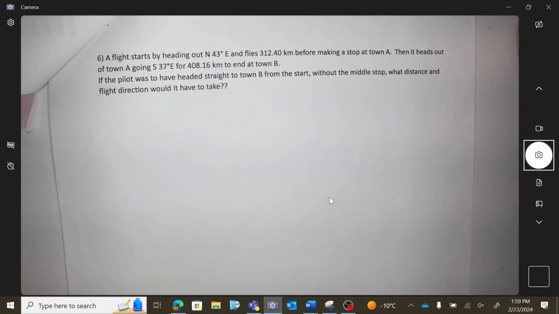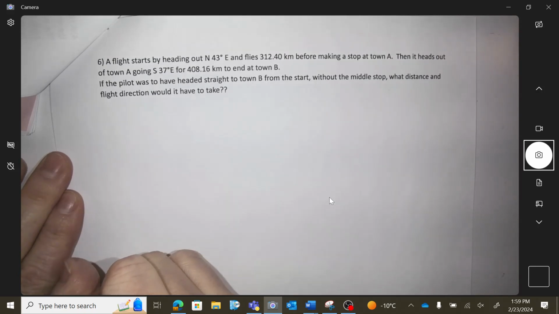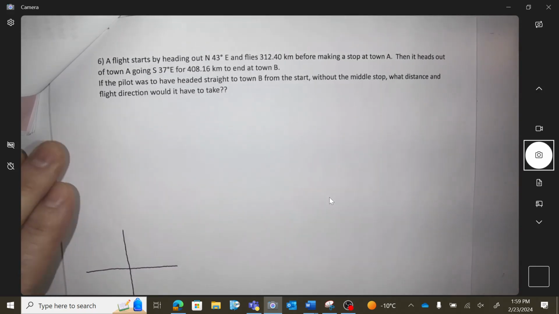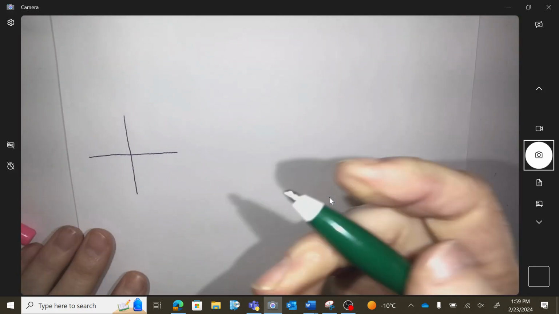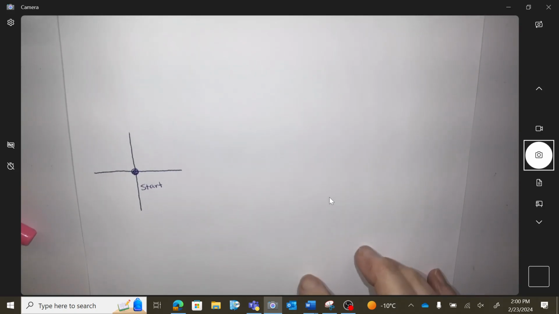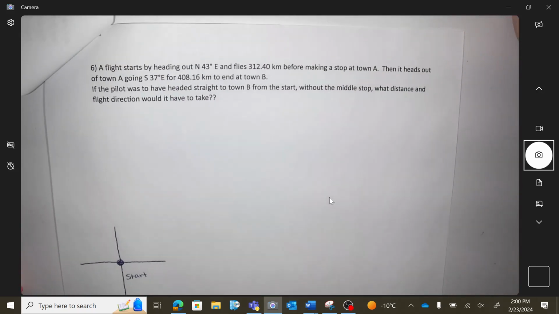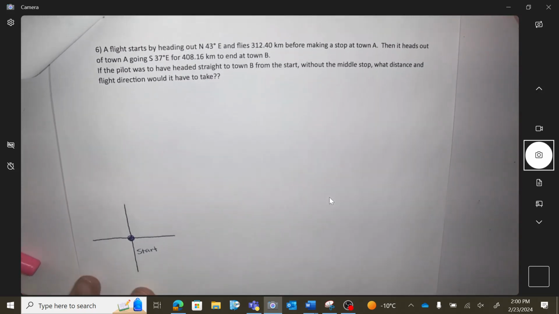Okay, a flight goes northeast. So here's what we're going to do. I need you to kind of put the start there. And we're going to head north 43 east.